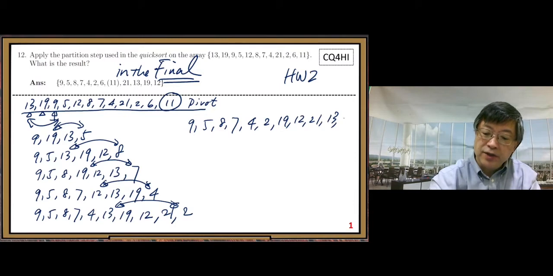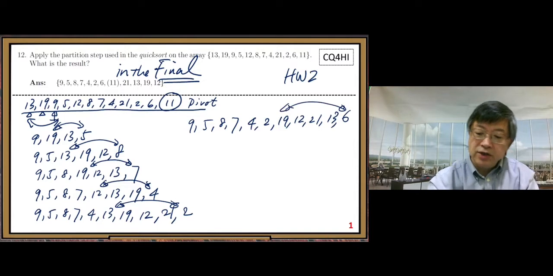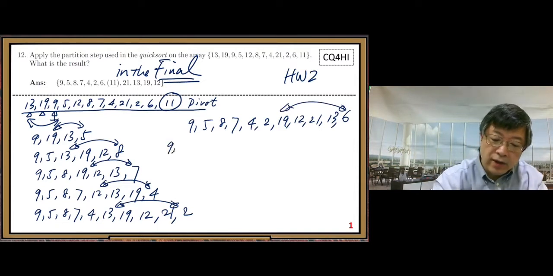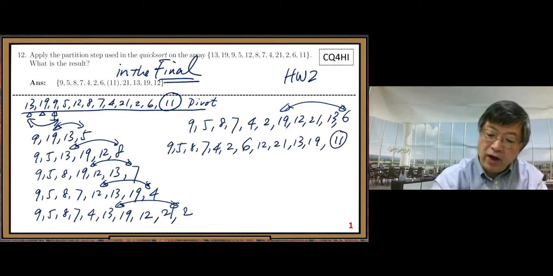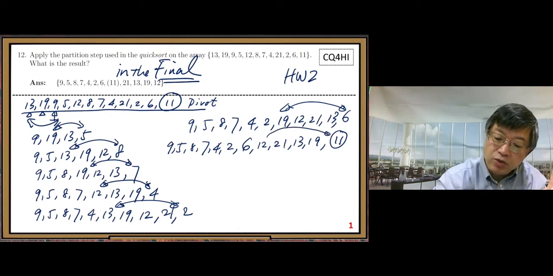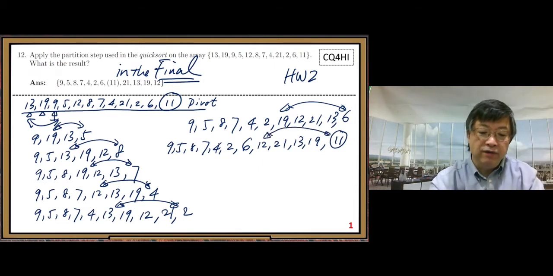All right, 6. This time, 19 and 6 swap. All right. 9, 5, 8, 7, 4, 2, 6, 12, 21, 13, 19. Now the last one, 11, the pivot element, we put it in place with our last swap between 11 and 12.